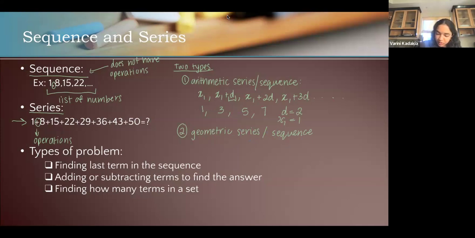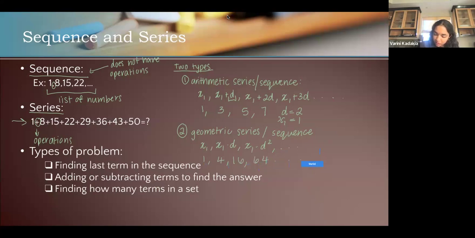So if x1 is our first term again, we'd get x1, x1 times d, x1 times d squared. You just keep multiplying by d to get the next term. An example would be 1, 4, 16, 64, and so on.